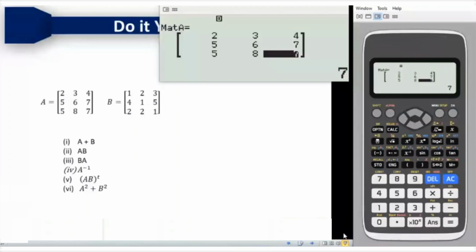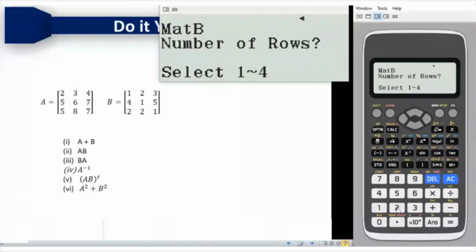I will press option, I will press 1, I will press 2. And now I will define matrix B, which is also a 3 by 3 matrix. So 3 equals 3.